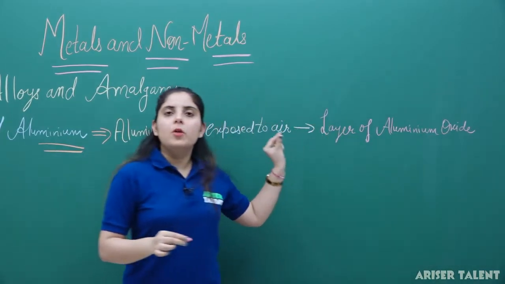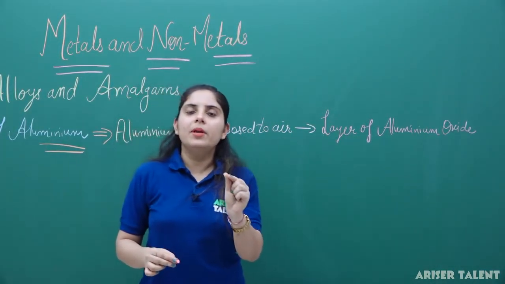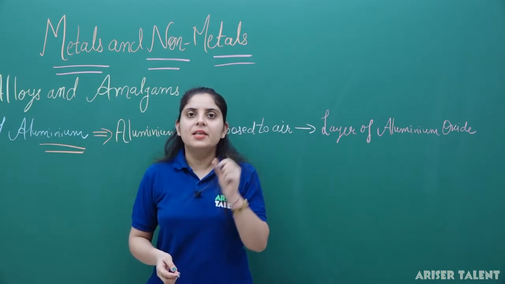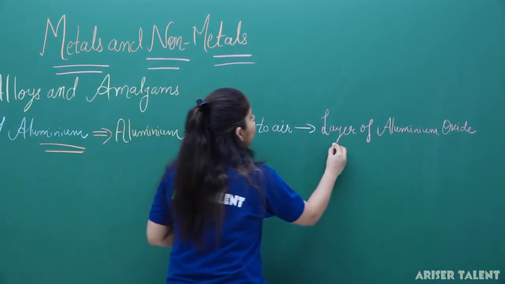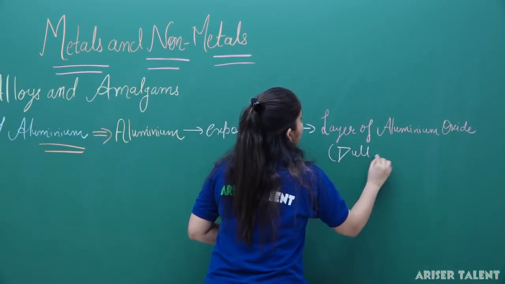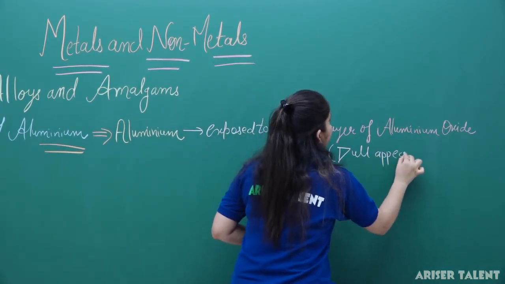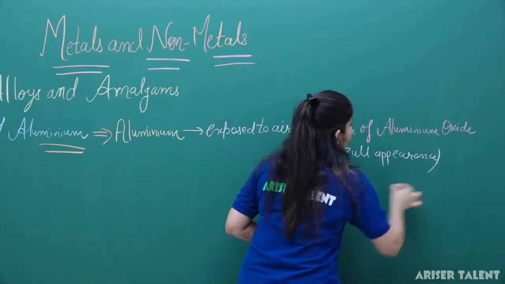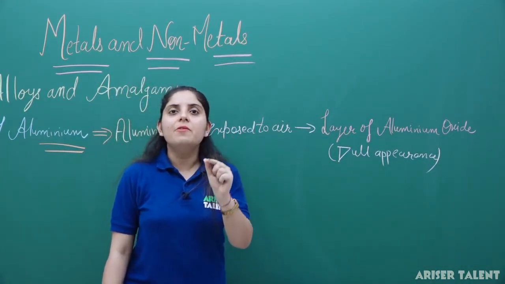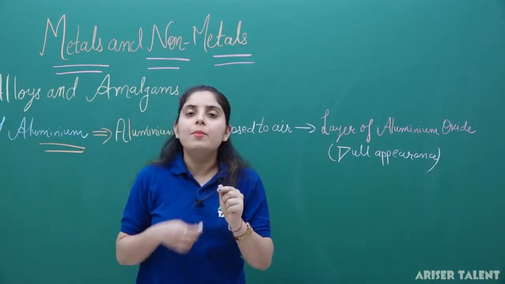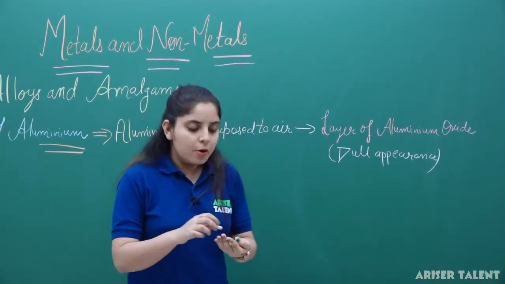This layer of aluminium oxide gives the aluminium a dull appearance, which means its shining effect is reduced. Now this oxide layer is so tough that air will not enter into it, protecting the metal from further corrosion.